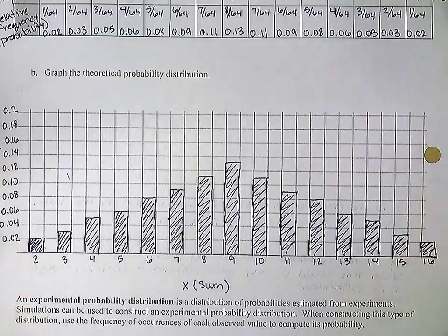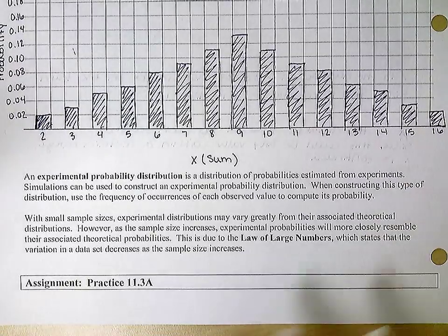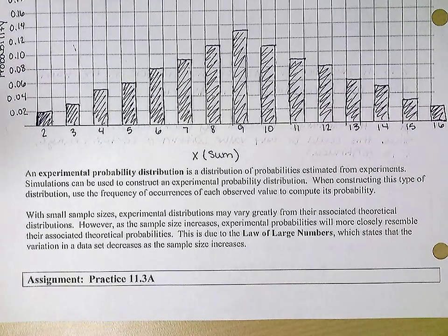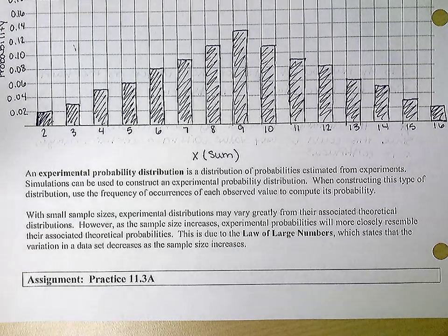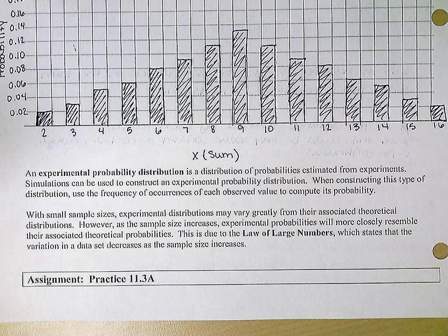The last part at the bottom here says an experimental probability distribution is a distribution of probabilities estimated from experiments. Simulations can be used to construct an experimental probability distribution. When constructing this type of distribution, use the frequency of occurrences of each observed value to compute its probability.